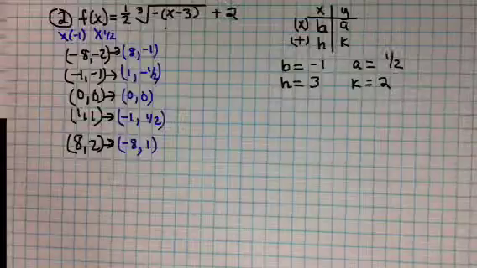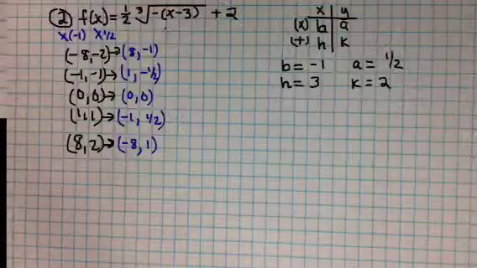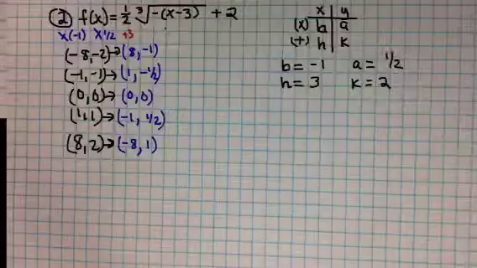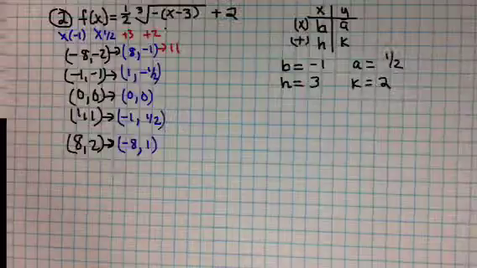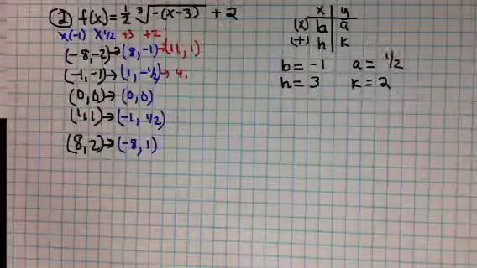Okay, so the next step is going to be to apply the h and the k. Both of them are positive, so that means we're going to add 3 to the x's, and we're going to add 2 to the y's. So then I get 11, 1, 4, 2 minus 1/2 is 1.5.